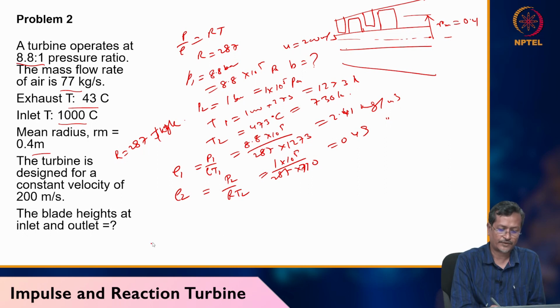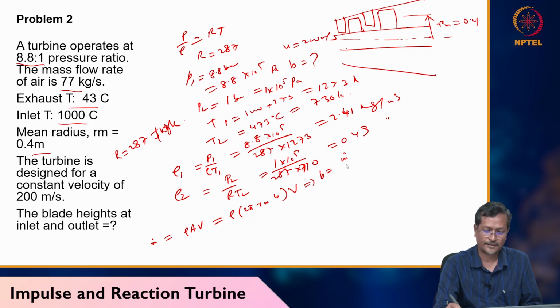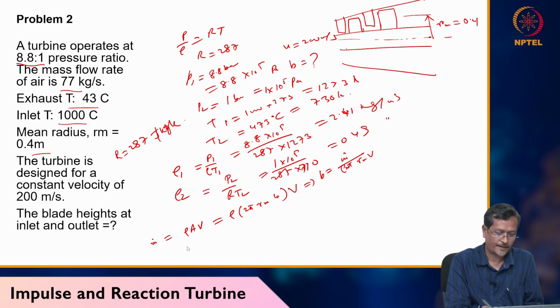So m dot equals rho A V equals rho 2 pi Rm B V, which implies B equals m dot divided by rho 2 pi Rm V.